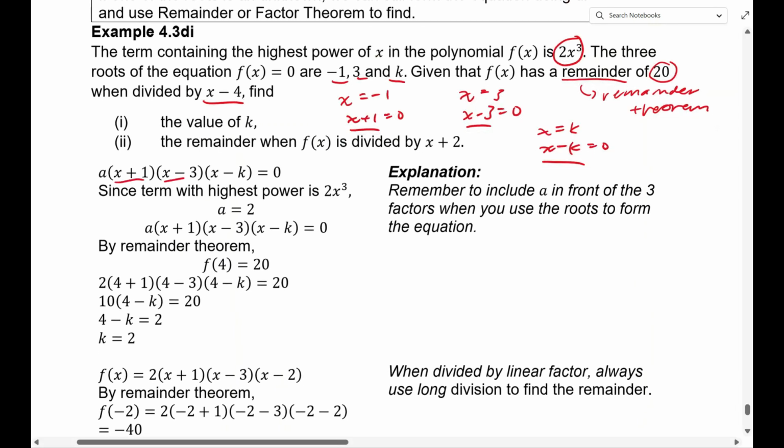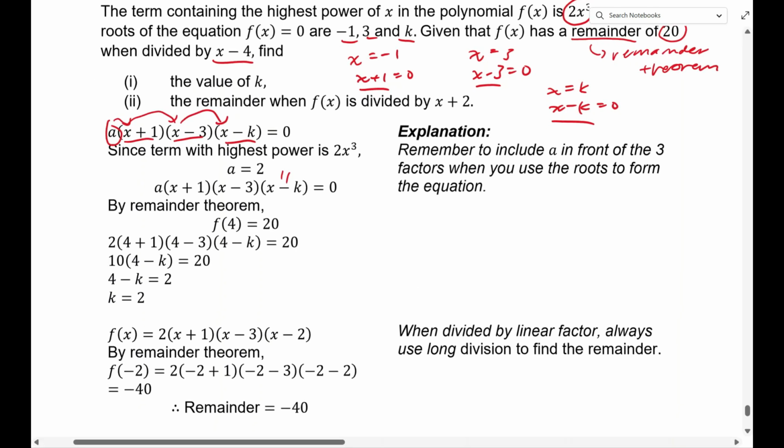That's why we have these three brackets here. Now don't forget your a in front, include it here. But since the term with the highest power is 2x cubed, so 2x cubed will be equals to ax cubed. Because when you expand out all these, you'll get ax cubed. That's why 2 equals a.